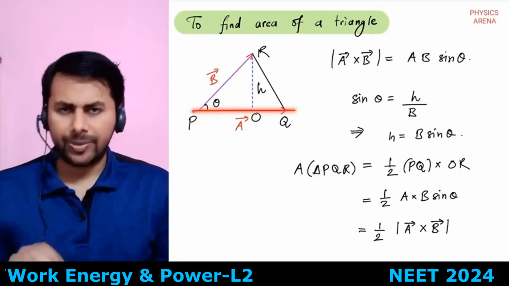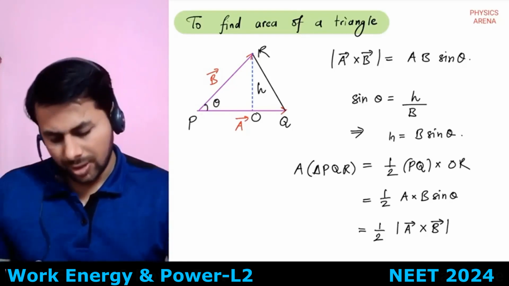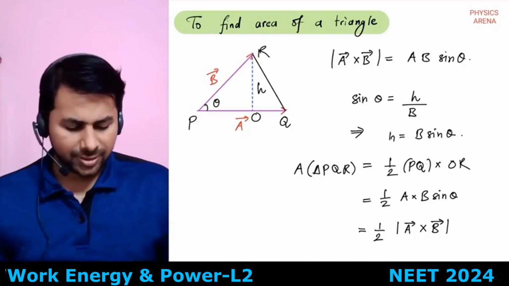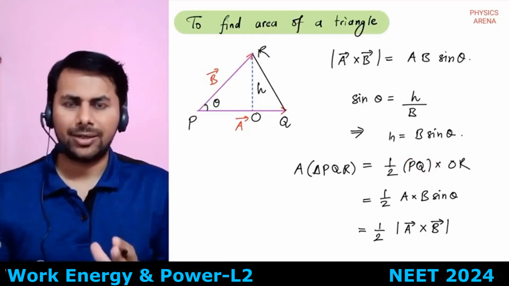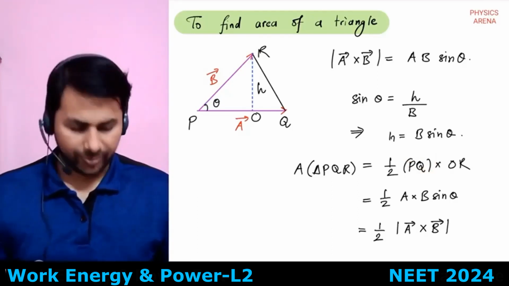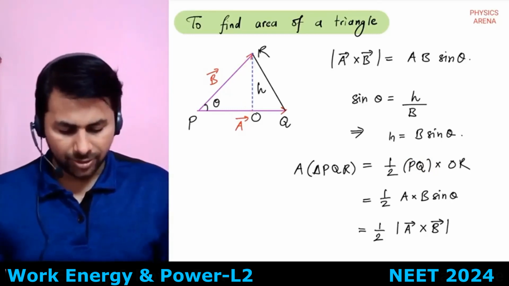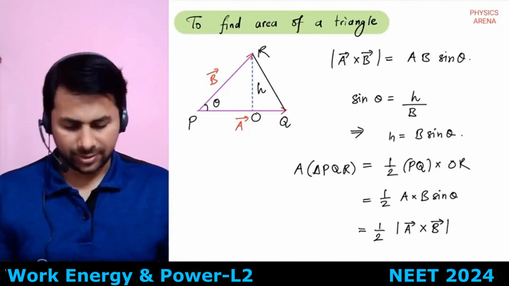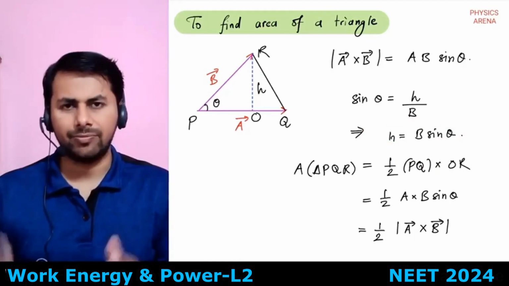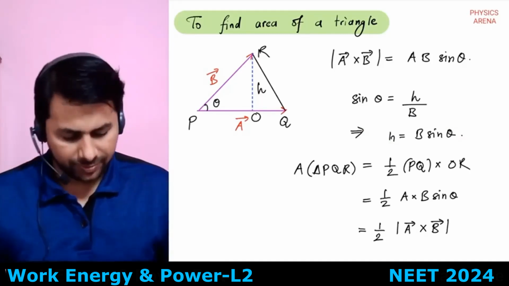So we have represented PQ using A bar, and we have represented PR using B bar. The magnitude of A bar is PQ. And the height, equal to h, is the magnitude of B bar multiplied by sine theta, because we have found that h is equal to B sine theta.